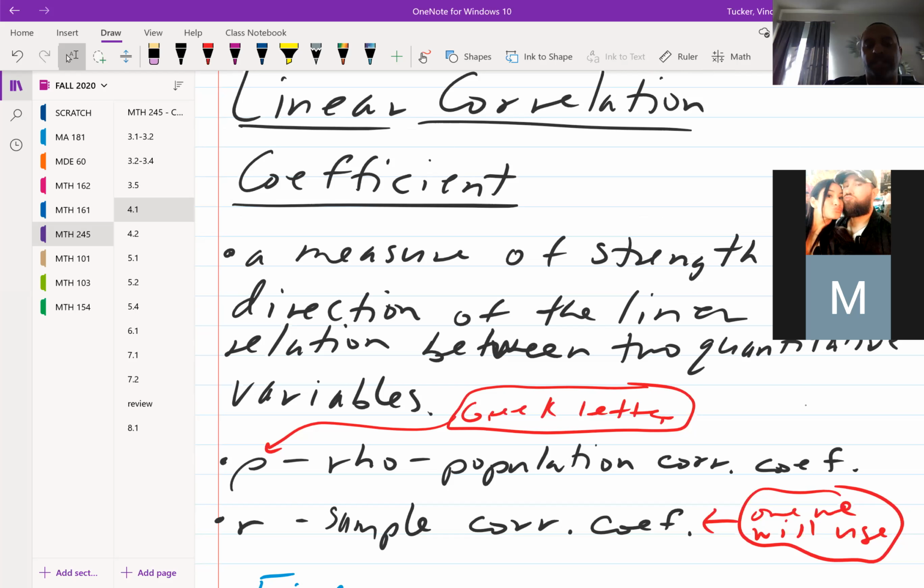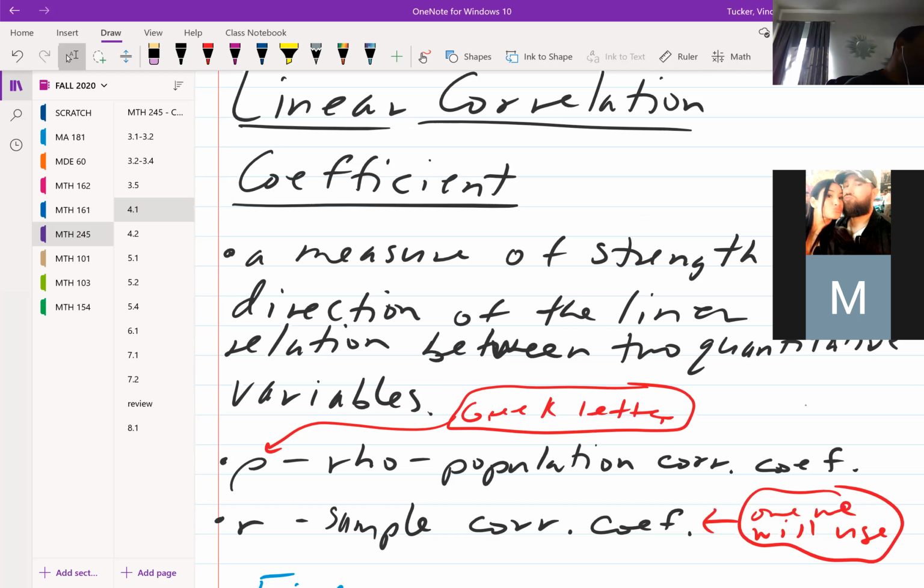I didn't see where you guys needed the symbols for the correlation coefficient. But the Greek letter rho is the population correlation coefficient, and r is the sample correlation coefficient.